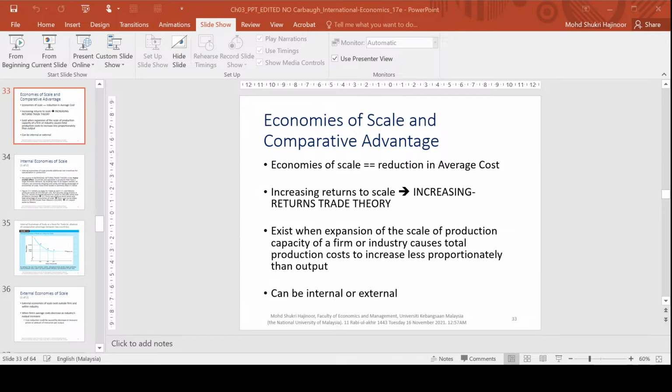For example, suppose this is Thailand and B is Malaysia. Malaysia produces cement, to make concrete.